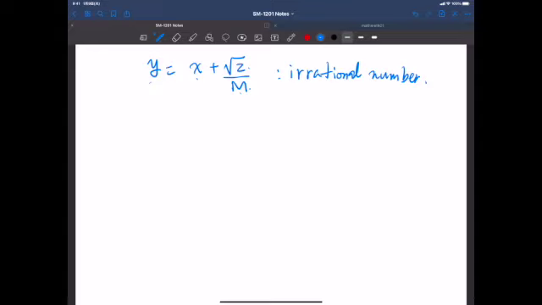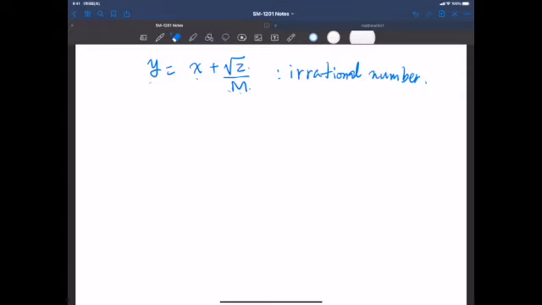Otherwise, if you rearrange this, we have square root of 2 is equal to m times (y minus x). If y is rational, then y minus x should be rational, and m times (y minus x) should be rational. So that means square root of 2 is rational, which is a contradiction. So y must be irrational.